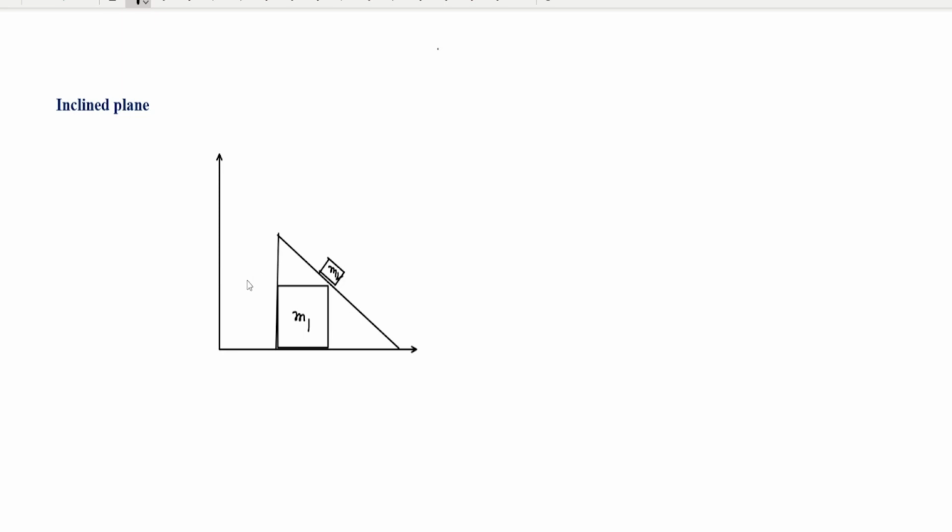Let x1 be this distance, and x2 this distance. These represent the displacement of M1 and M2 from their origin. This one is O, the origin, this one is O prime.